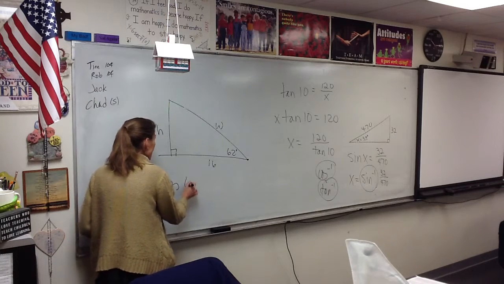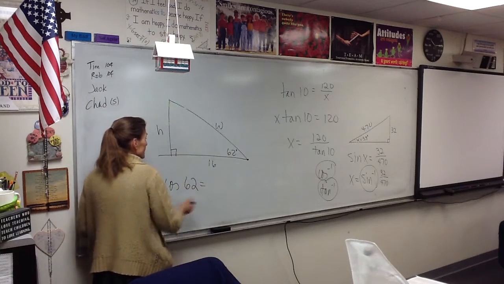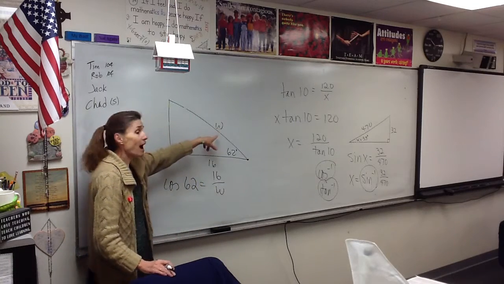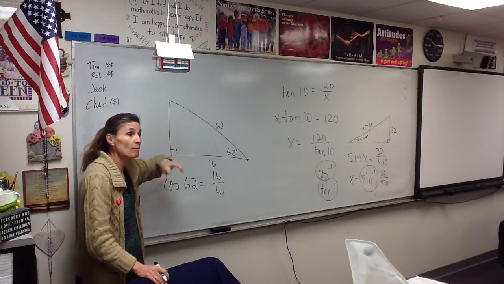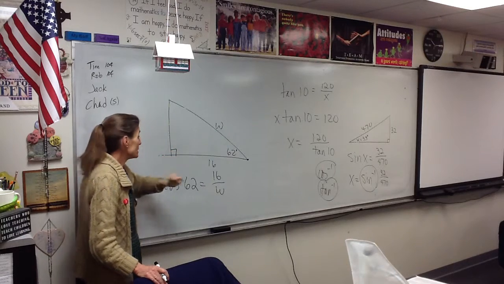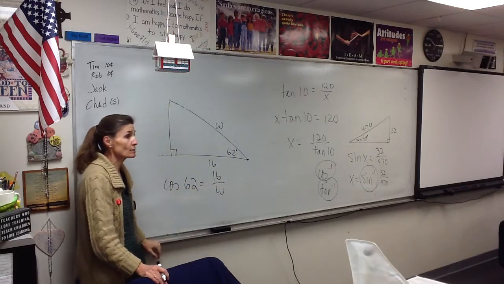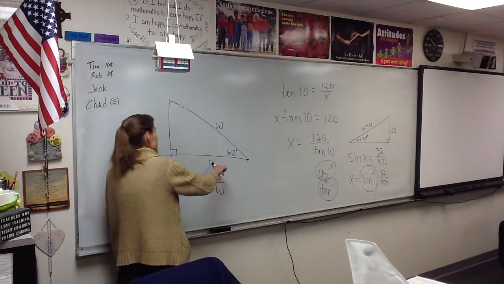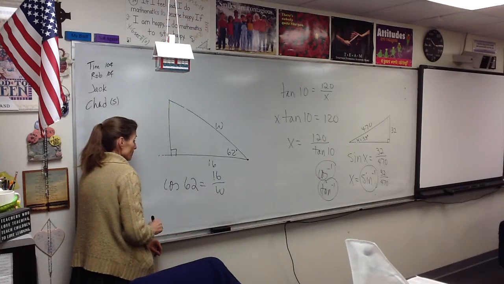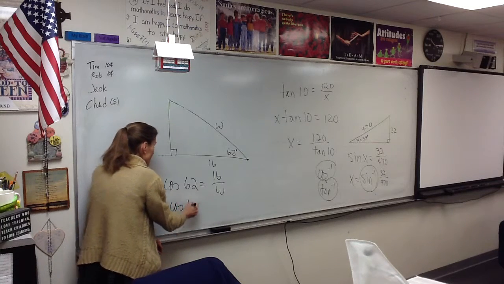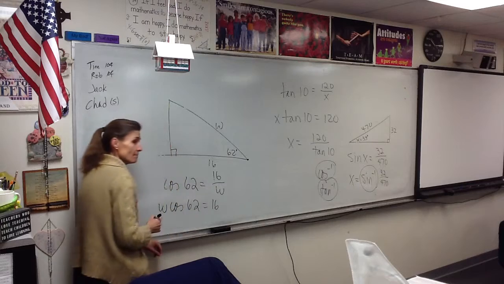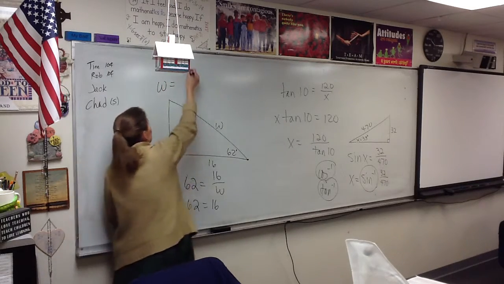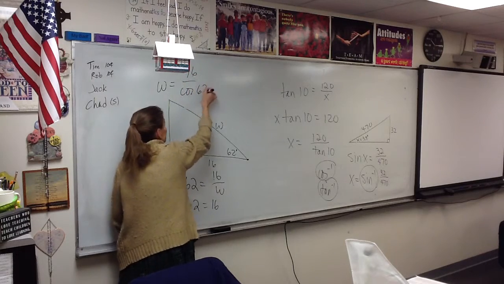I'm going to say cosine 62 equals 16 over W. I've decided just randomly to find W first. Does everybody understand why we chose cosine as our function? Because that's adjacent over hypotenuse. So W times cosine 62 equals 16, and W will equal 16 over cosine 62.